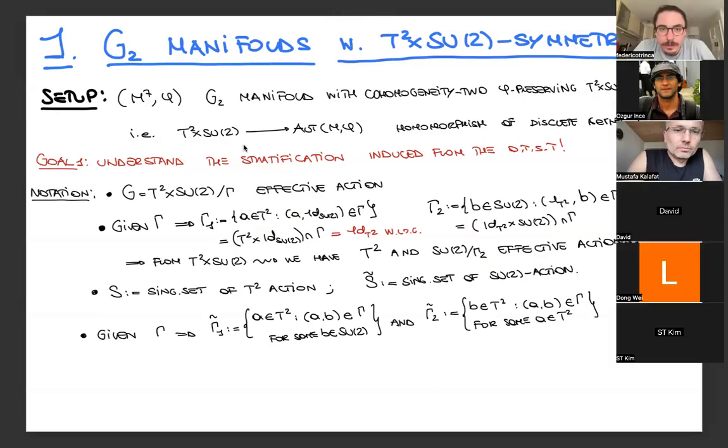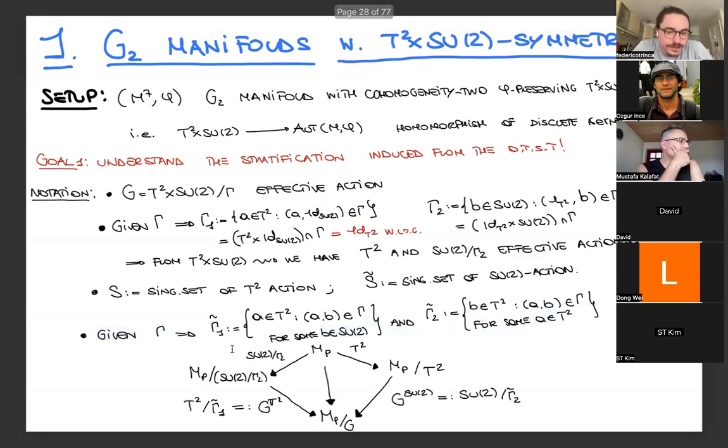Finally, from this group, we can also construct two subgroups, gamma tilde 1 and gamma tilde 2, and these are just defined to make this diagram commute, in the sense that I'm going to explain now.